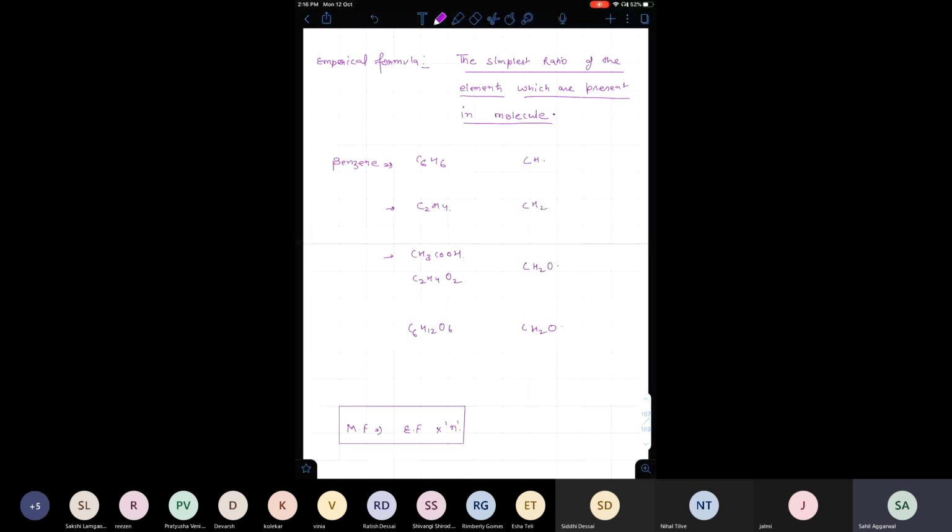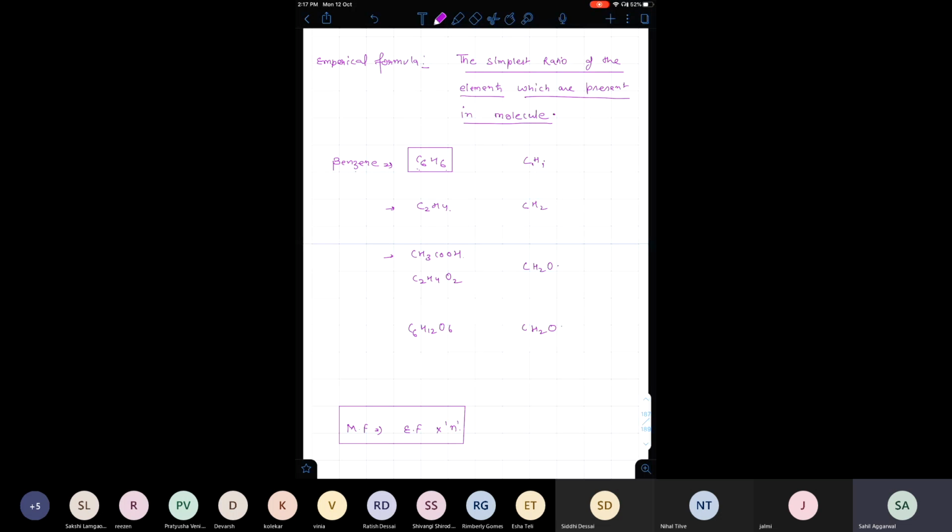Empirical formula is the simplest ratio of the elements in any molecule. For example, in benzene, we have 6 carbon and 6 hydrogen. The ratio of carbon and hydrogen is the same, so we can say 1 carbon and 1 hydrogen.